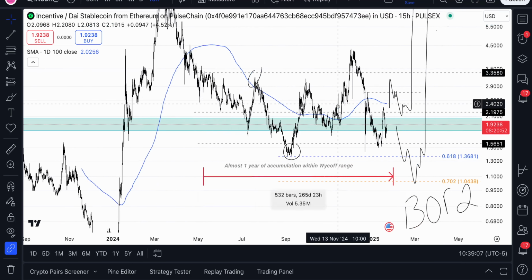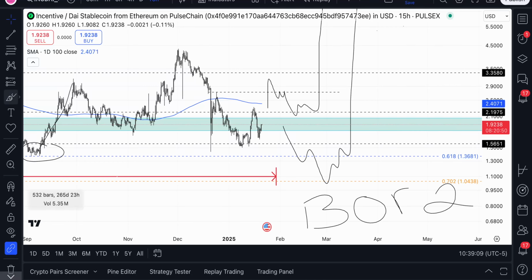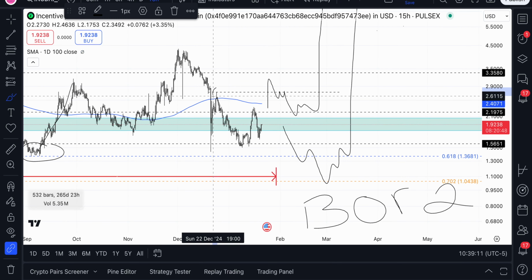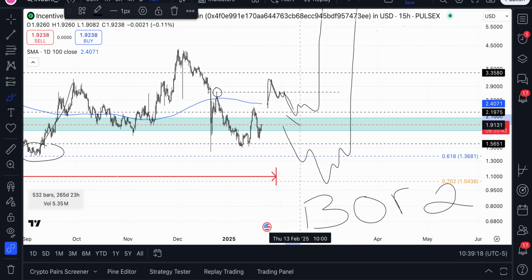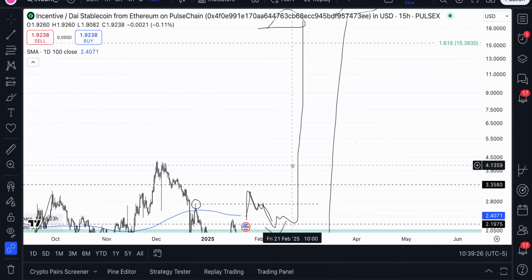We're going to see a pop up above this internal range, buy side liquidity. So we see a push up, a little bit of a check back, maybe 23.6 to 50% of the way down, and then see a nice push up for continuation higher.